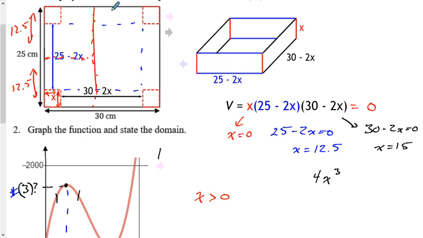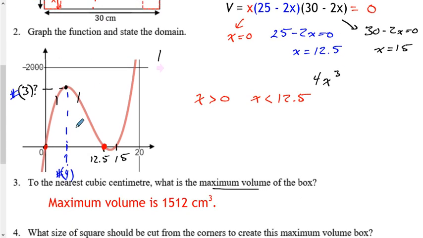So down here, I'm going to have to say that my x value has to be less than 12.5. Now what happens if I go even bigger? Well, if I go bigger, I start cutting away stuff that doesn't actually exist. So even though the graph of this function looks like it's continuous everywhere, for this question, it's really only useful between 0 and 12.5.